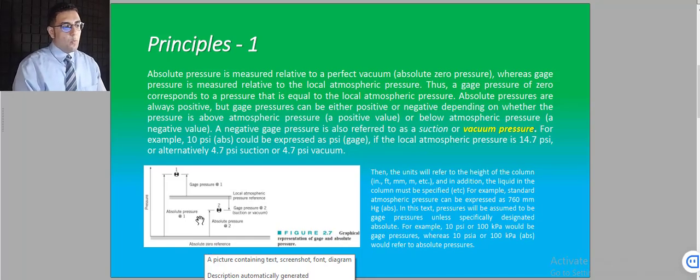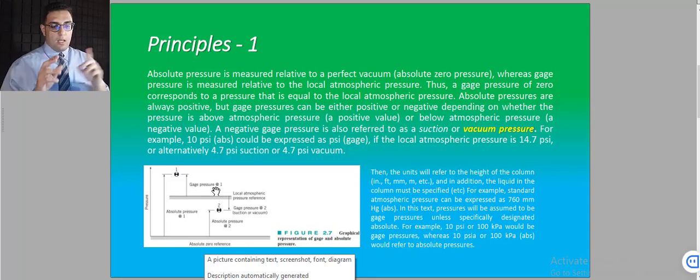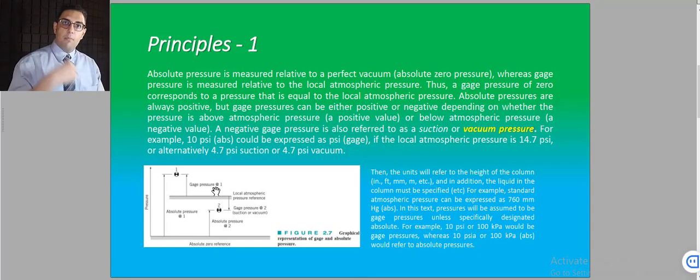Nevertheless, we have the gauge pressure. Let me just remind you that the absolute pressure is the combination of gauge pressure plus atmospheric pressure, which is local. Atmospheric pressure is local.